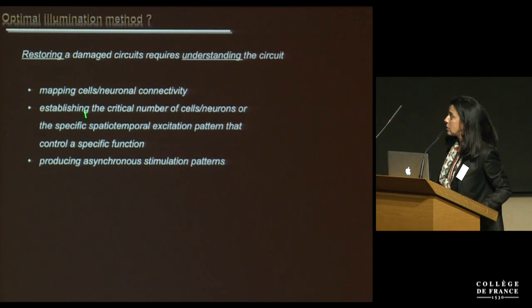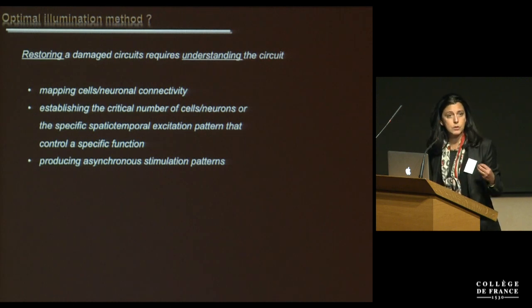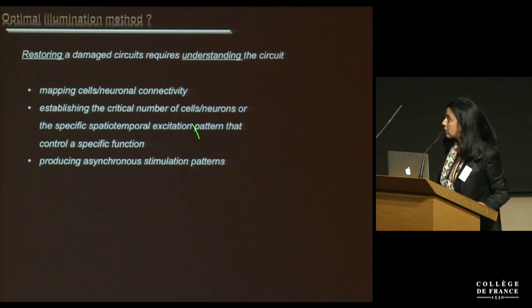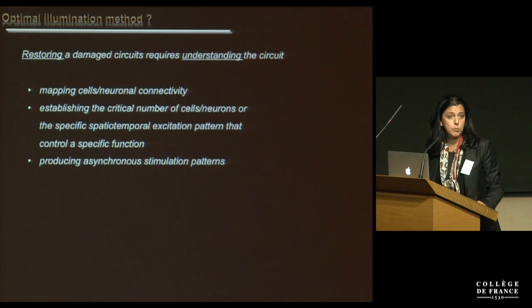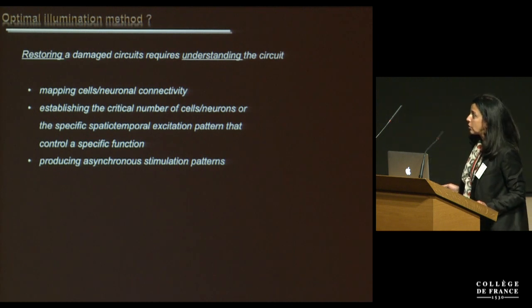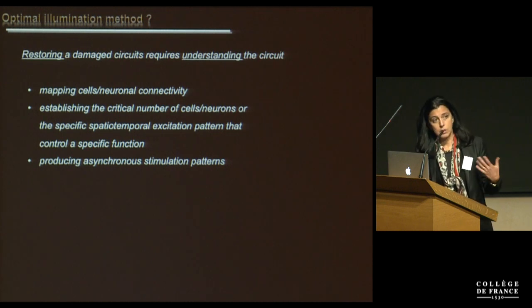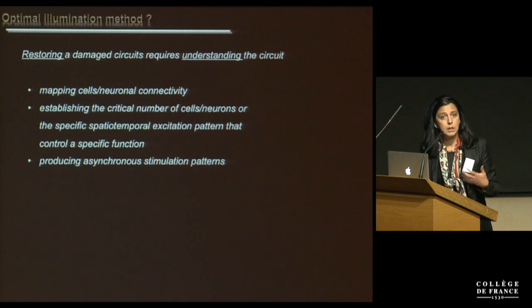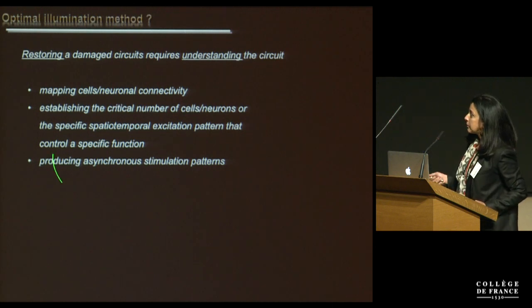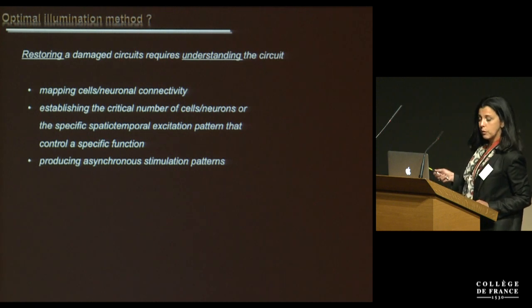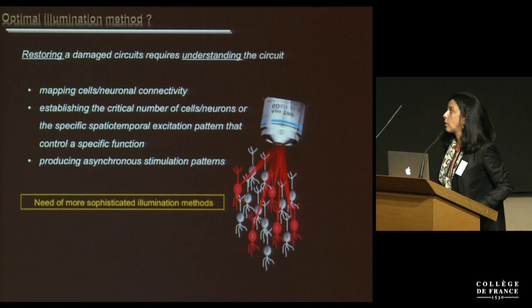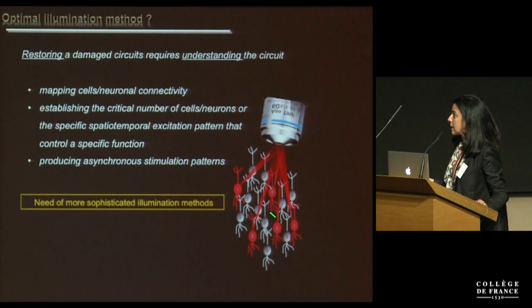Then what is also crucial is to establish, for example, whether there is a critical number of those cells that need to be activated in order to evoke a physiological response, and this has to be done with a specific spatial and temporal patterning. Something that is also difficult to assess if you just shine light in a non-specific way is the synchronicity of the activation, which on the contrary might play a key role in controlling physiological activity. If you want to enter this kind of question, you need a more sophisticated approach where you can precisely control the light through the objective and in the sample plane, so as to precisely target a single cell or a specific group of cells.